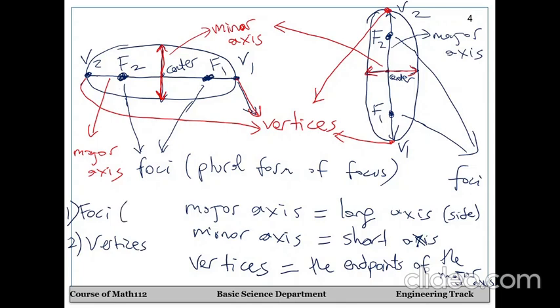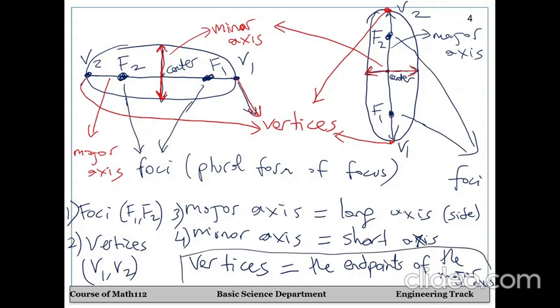The third one is the major axis, and the fourth one is the minor axis. And the vertices will always be the endpoints of the major axis. So this is an important one.